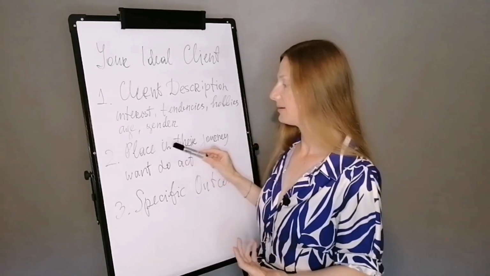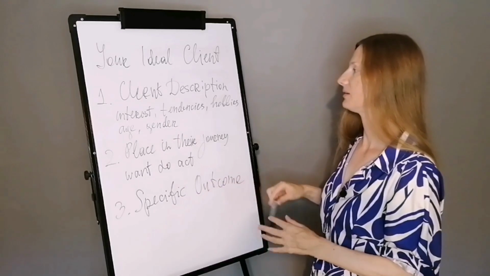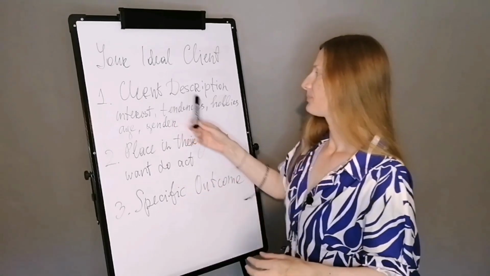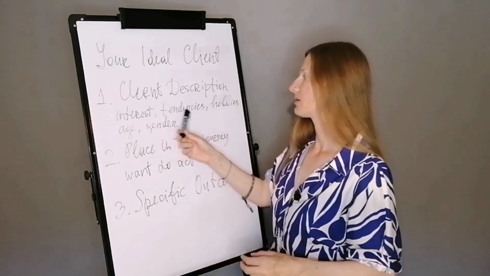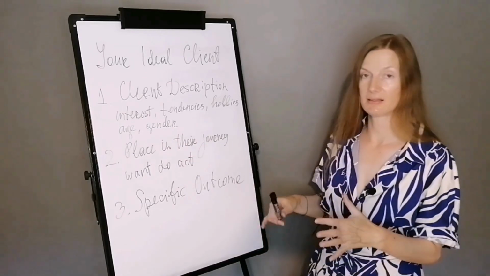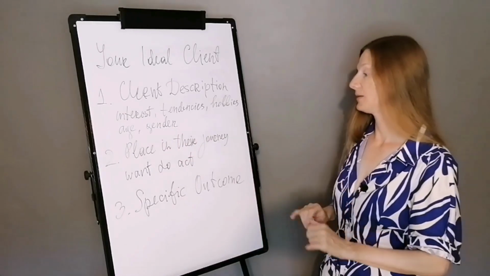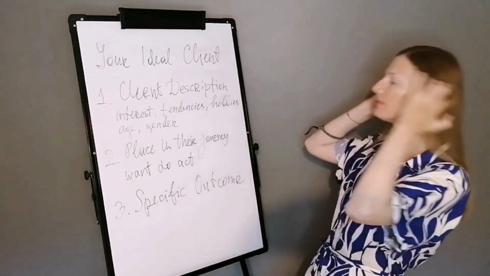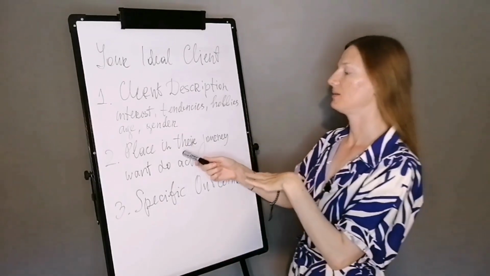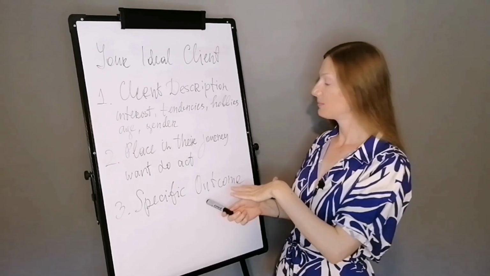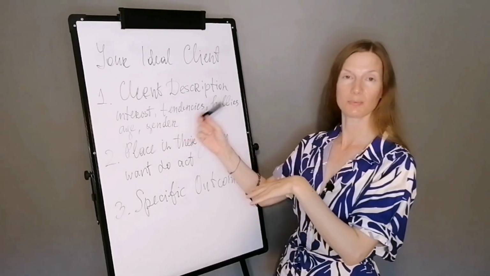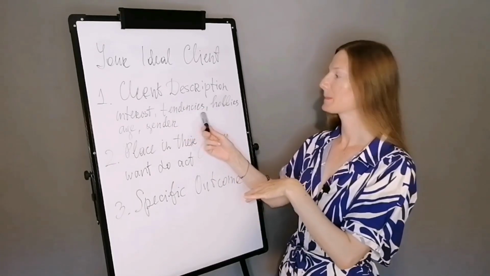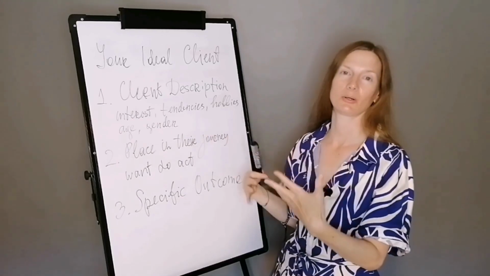And they want the outcome that you offer, and they fulfill the description of the person with particular tendencies and hobbies depending on what you have to offer. So all those three are important, because even if you have people with the same problem and they want the same outcome, but they are different kinds of people, they will not be your tribe.